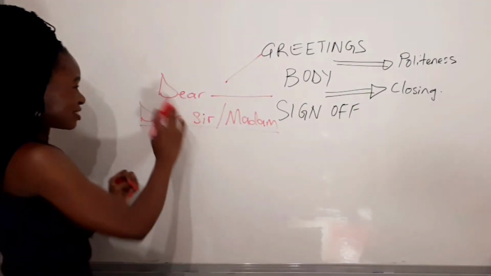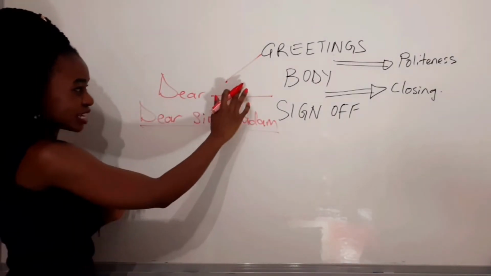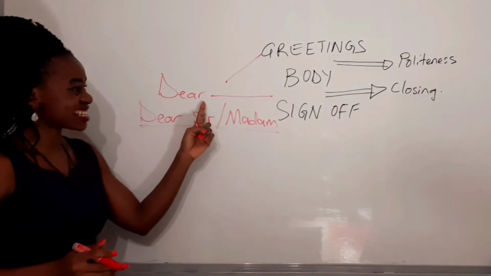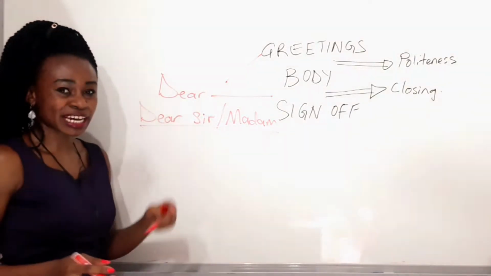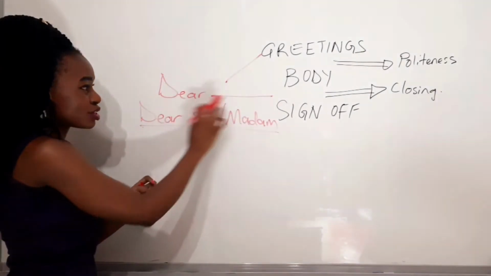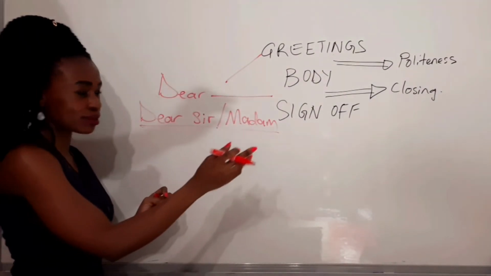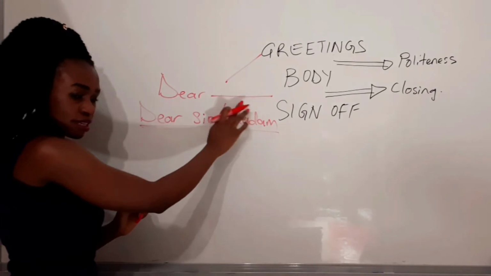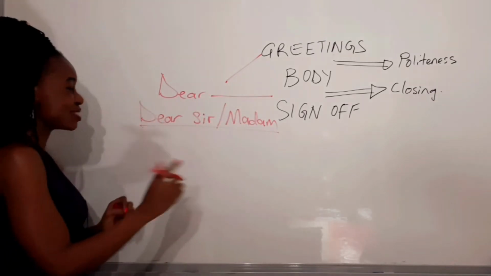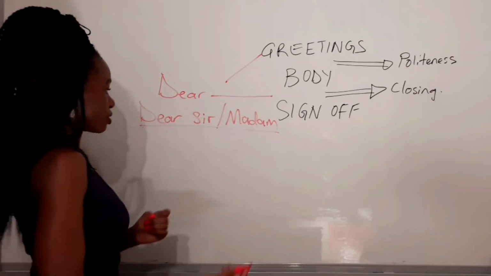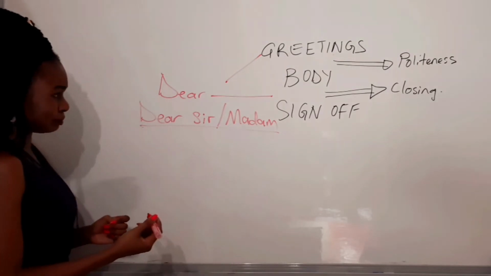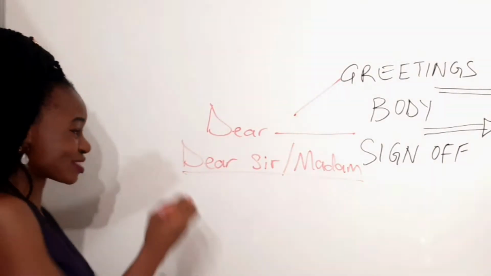So we continue. We can begin with this if we know the name, and in most cases, if for example the person has a name and a surname, we're going to write here the name, not the surname. So it's more suitable if you use the name here, not the surname. So dear sir or madam, that's what we're going to do. And what shouldn't you use?